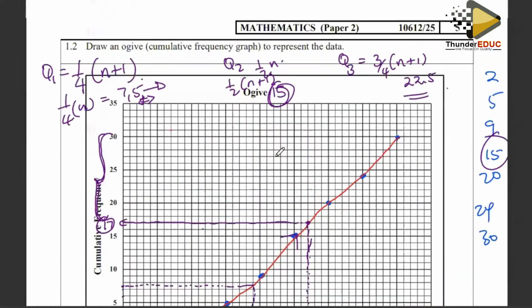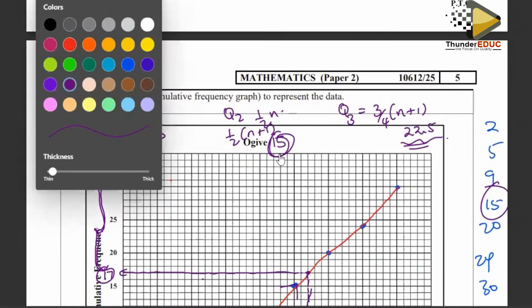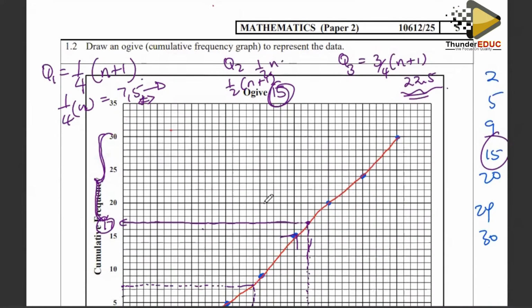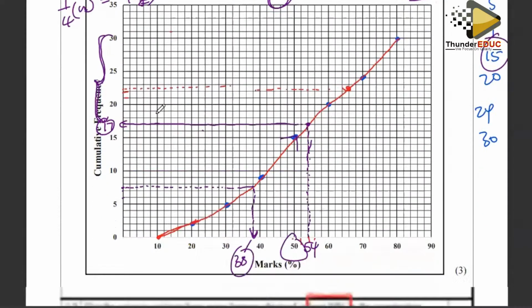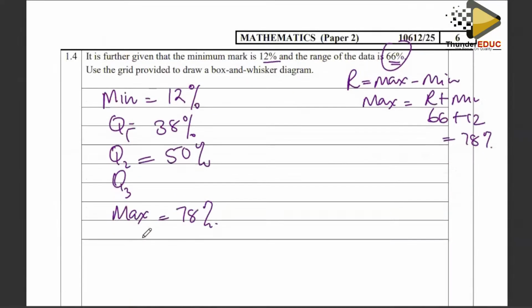And then to get the Q3, we say the position is 22,5, or you can easily round it off to 23. So this is 21, 22, meaning that it is somewhere here in the middle, and then we drop it down. If I drop it down, I'm getting an answer between 60 and 70. So this is 60, 62, 64, this is 66. Remember all these are just estimates of how we would have done this. So that's 66%.